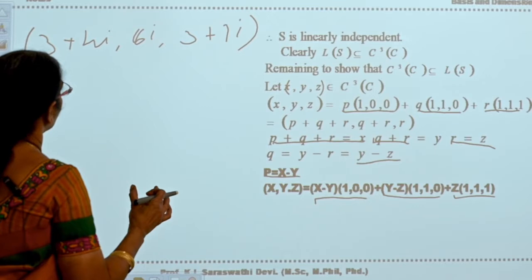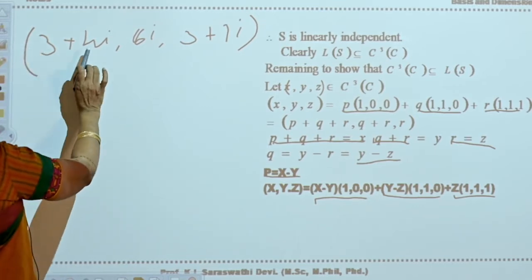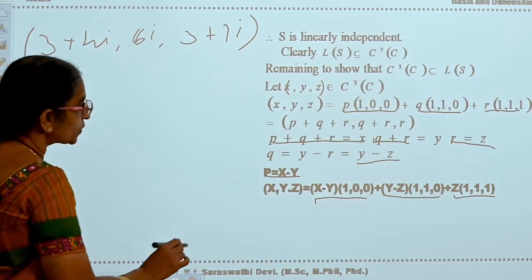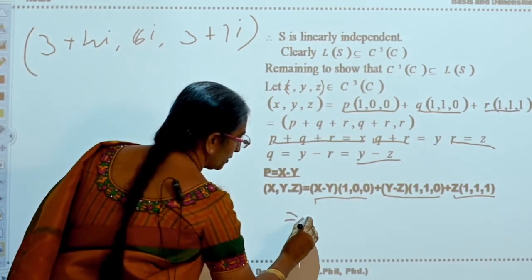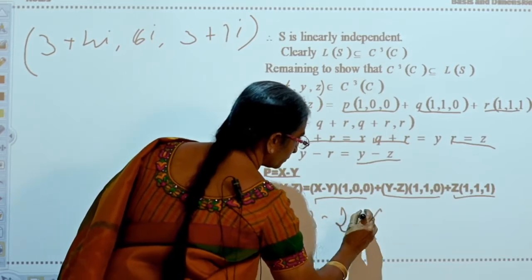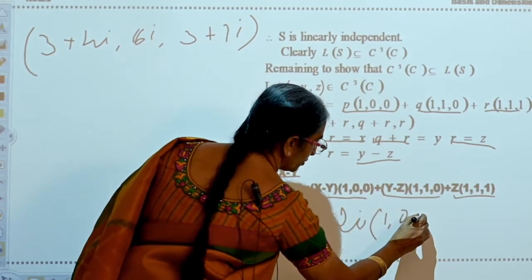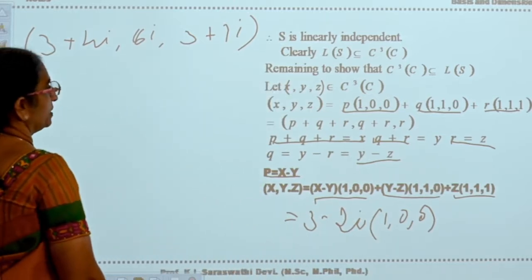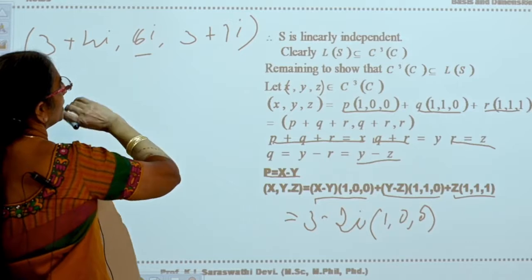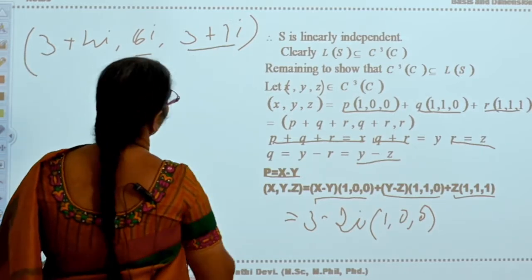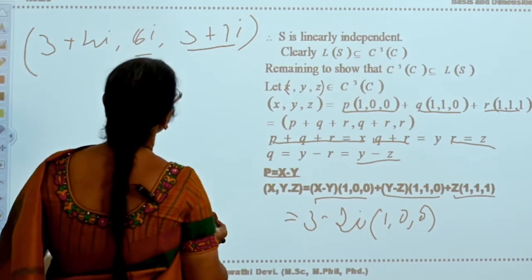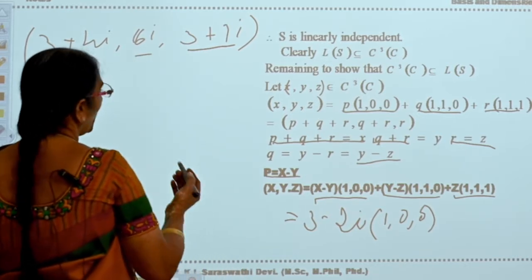Now, x minus y, that is 3 plus 4i minus 6i, that is 3 minus 2i, is it or not? (3 minus 2i) into (1, 0, 0). Okay. Next, plus y minus z. Y is 6i, z is 3 plus 7i. So, 6i minus 3 minus 7i, that is minus 3 minus i.